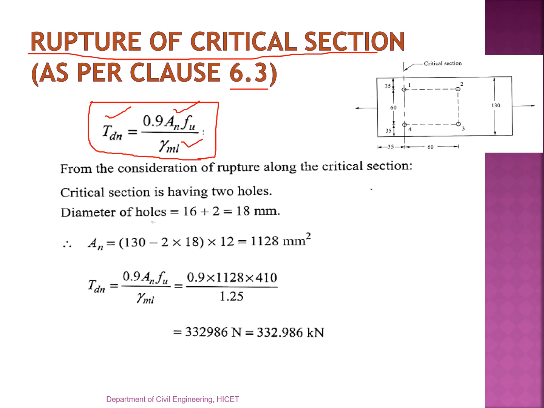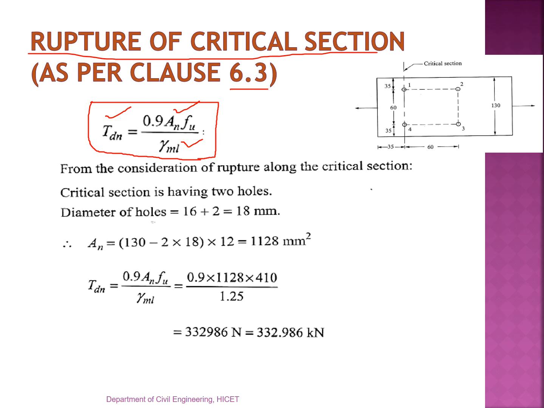This value is also taken from table number 5 of IS 800-2007. So the gamma m1 value is 1.25. You can refer to this value from table number 5 of IS 800-2007.